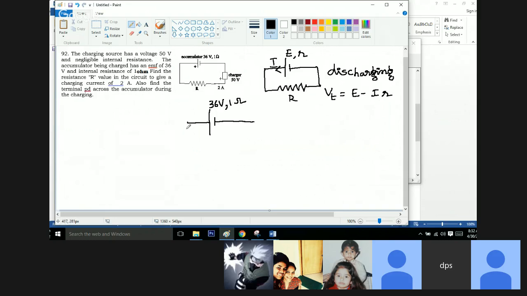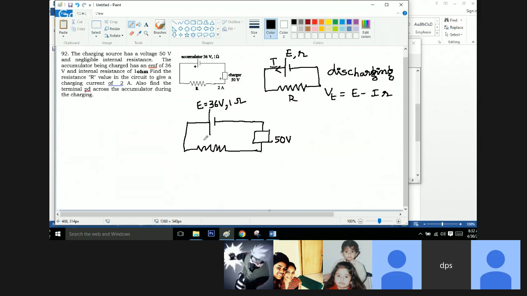Whenever that becomes weak, we go for charging it. When that charger is here, please see in the diagram, the charger's EMF is greater than the cell EMF. The EMF of the cell is hardly 36 volts. To charge it, they are using another 50 volt cell.